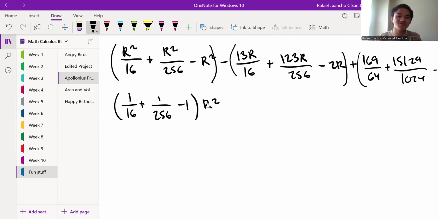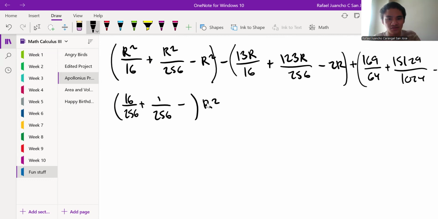And then from there, I could just denote this as some value a or something. Or I could just find their common denominator. If this was 256, well, then this would be 16, right? Because I just have to multiply 16 twice to get that value. This one I leave.